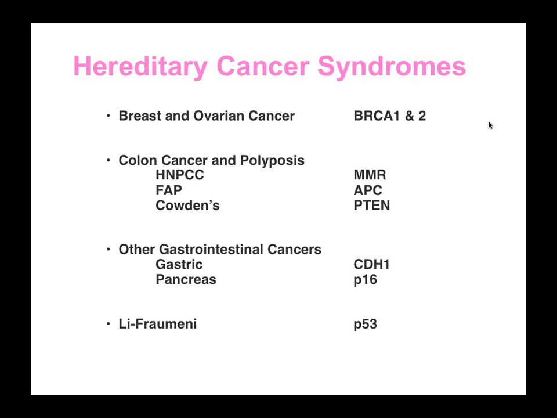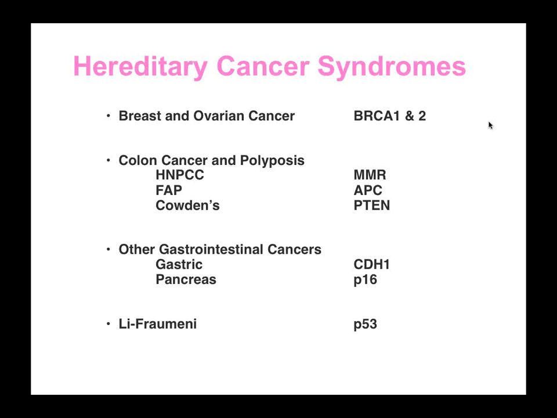But there are similarly hereditary cancer syndromes that predispose patients and families to colon cancer, and you can see one of the more common ones is HNPCC, so hereditary non-polyposis colon cancer, and there's other colon cancer and polyposis syndromes like familial adenomatous polyposis, Cowden's disease, which is also associated with colon cancer.